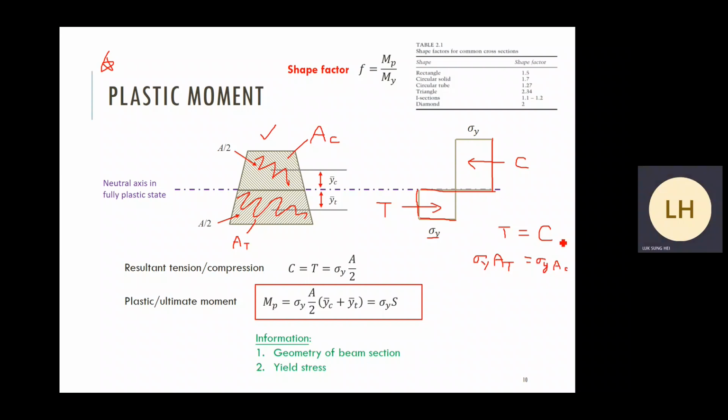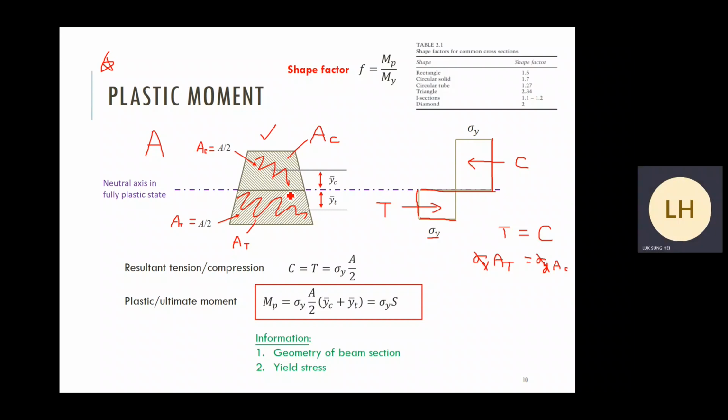the compression area, AC. By simple elimination, you can see that the compression area must be equal to the tension area. So if the total area is equal to A, AC is equal to A over 2, AT is equal to A over 2. That's why I put this value at the beginning, based on section equilibrium.